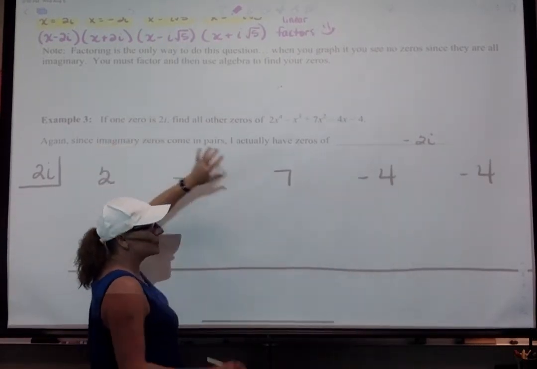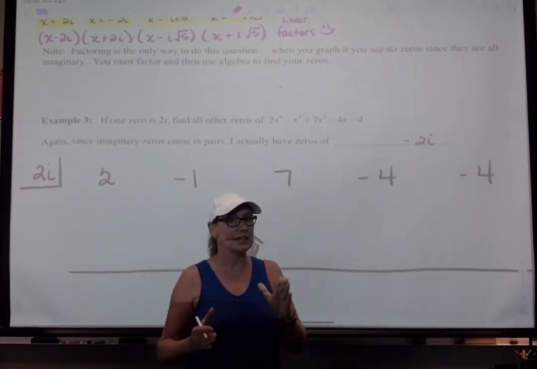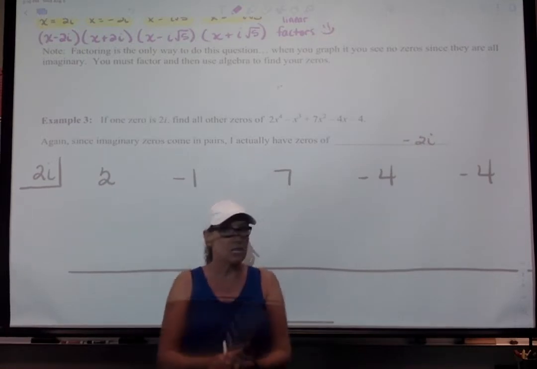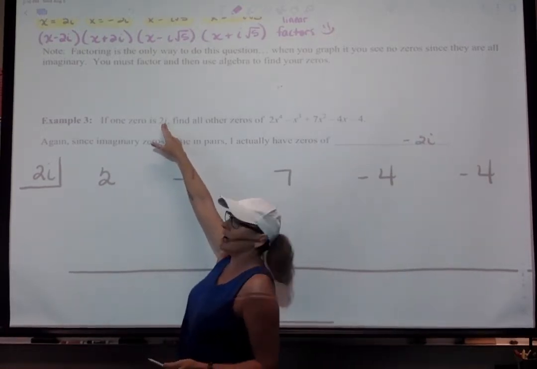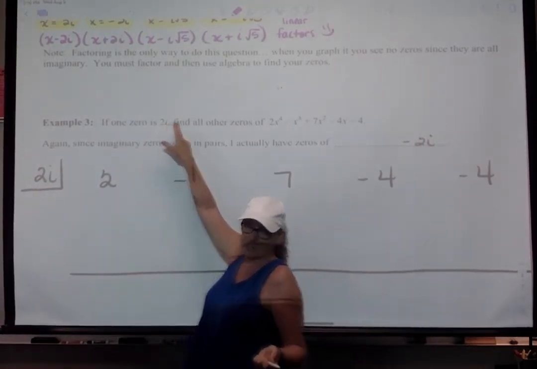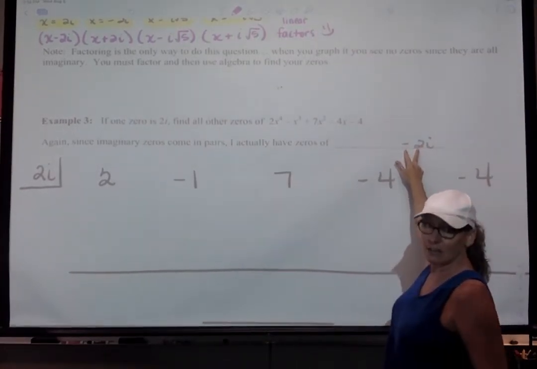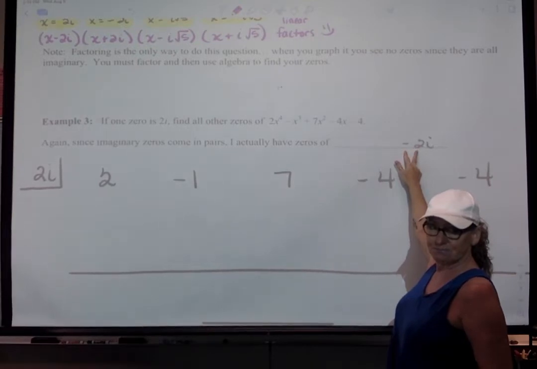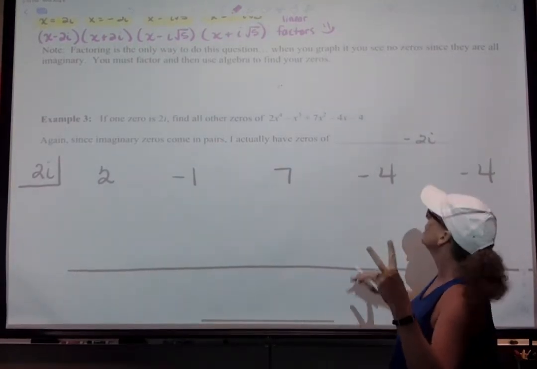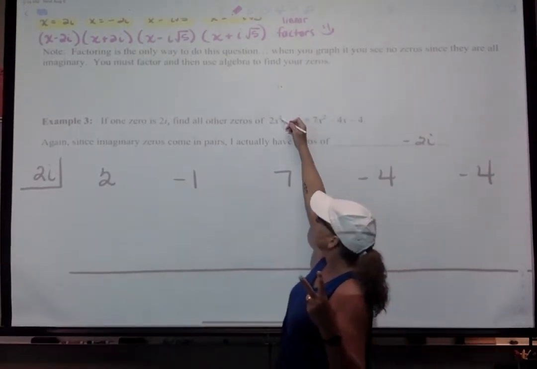Reminder, imaginary zeros always have partners. So if 2i is one of your imaginary zeros, then its complex conjugate is another imaginary zero. So I already have 2 of the 4 that I'm looking for.